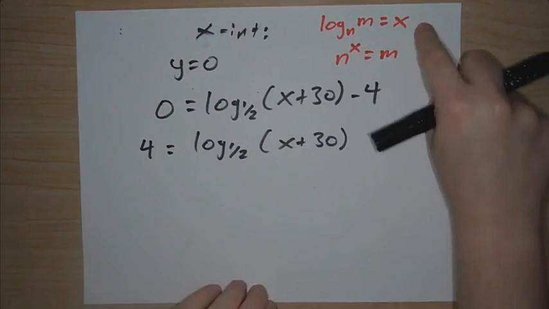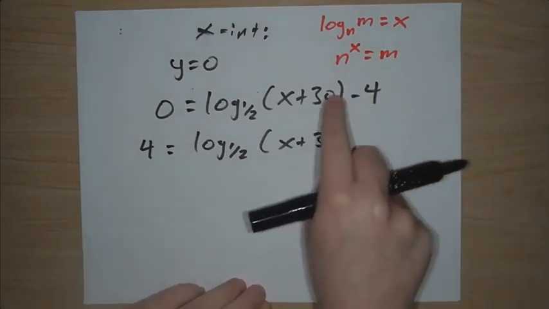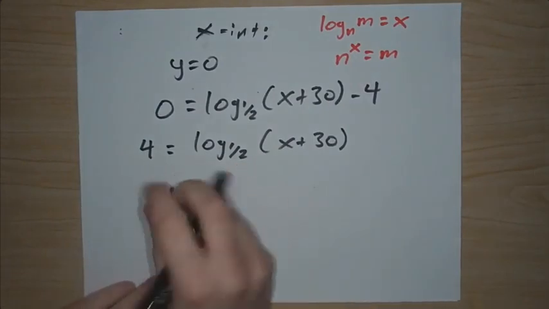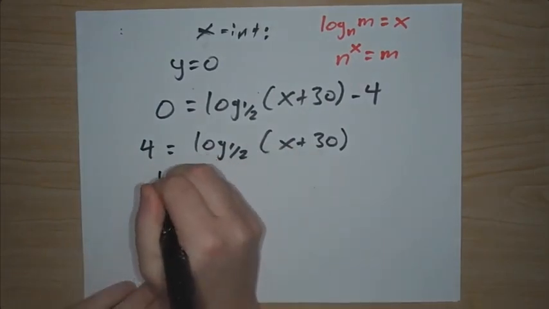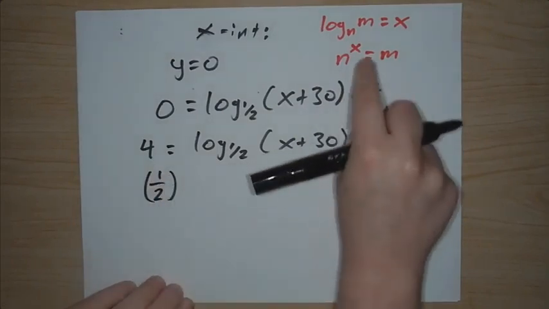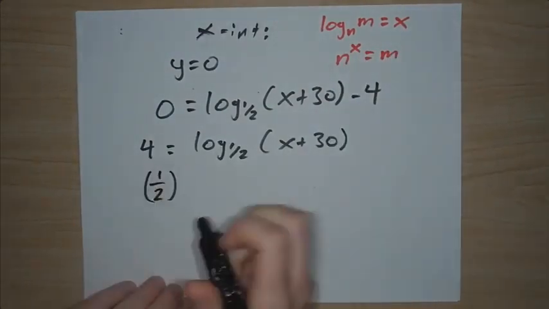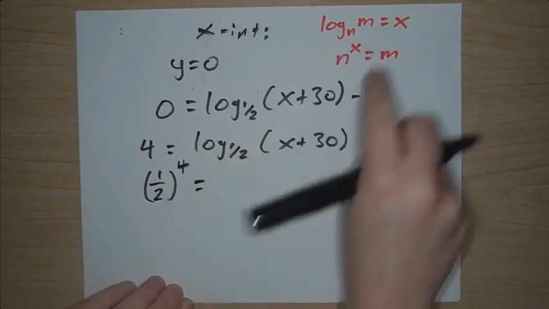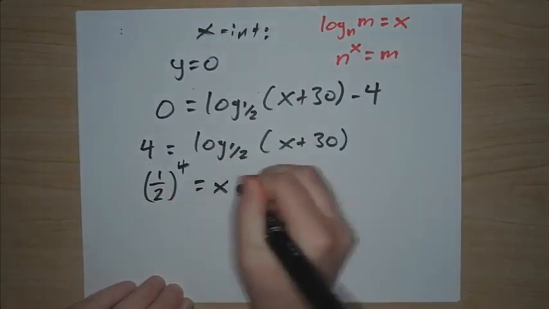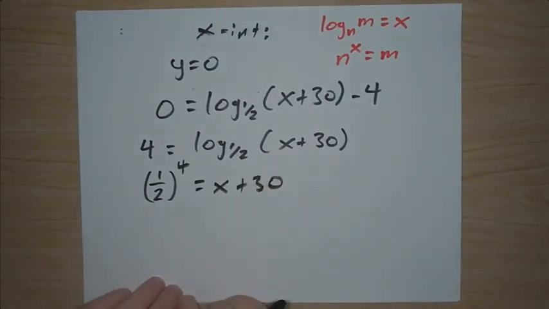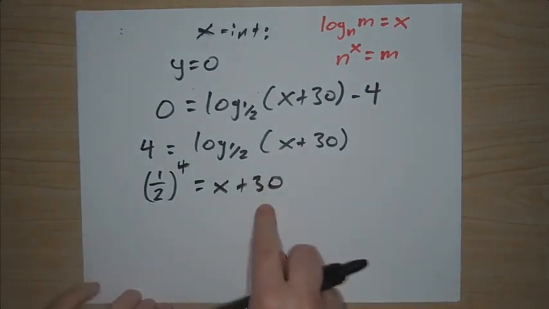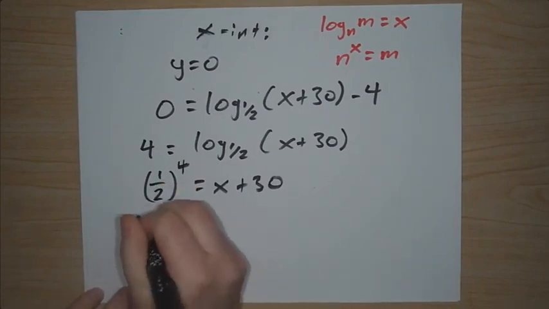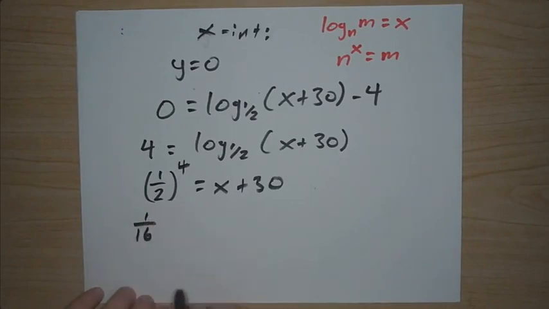So using this equivalency, we see that our n here is 1/2, and our x here is 4, and our m is x plus 30. So we have 1/2 to the 4th equals x plus 30. 1/2 to the 4th is 1/16.